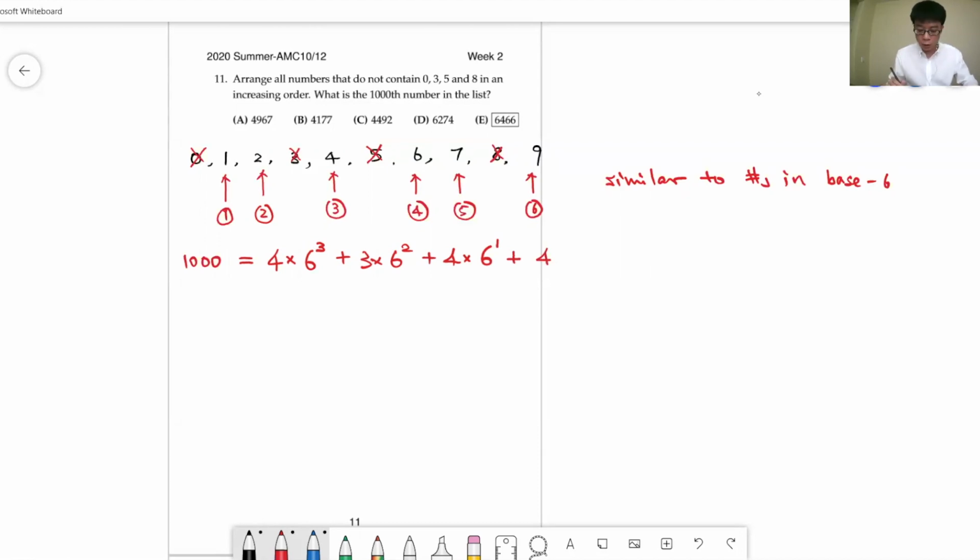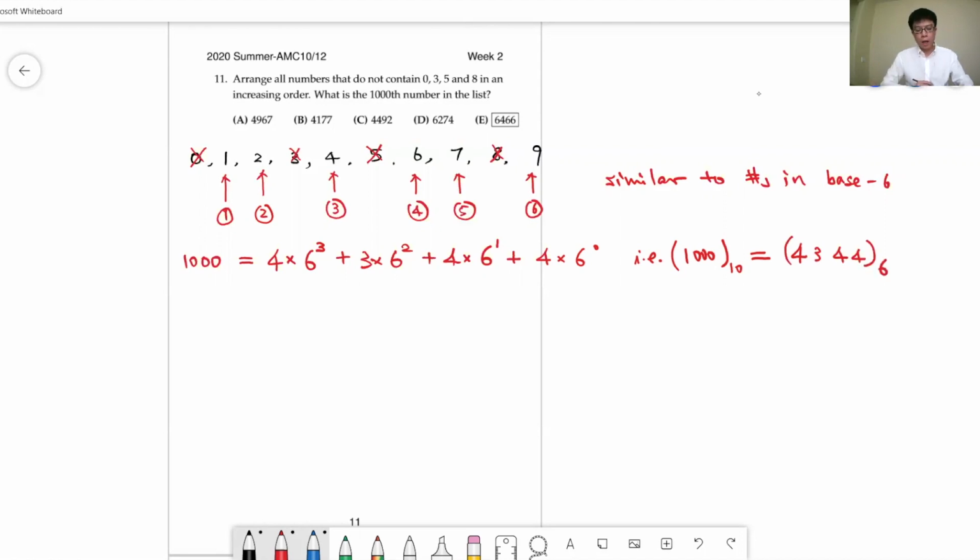That's the unit digit, or you can write this way, 6 to the 0. So 1000 is base 10, right? If we write in base 6, this is like a 4, 3, 4, 4 in base 6.